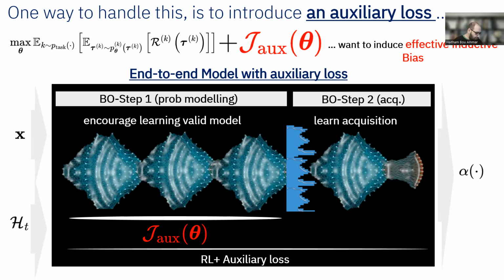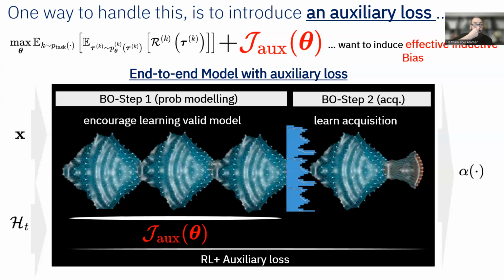In standard RL, those auxiliary losses are not easy to define. But fortunately for us, it's not so hard, because we know what BO needs to do: one step is a probabilistic model and one step is an acquisition predictor.